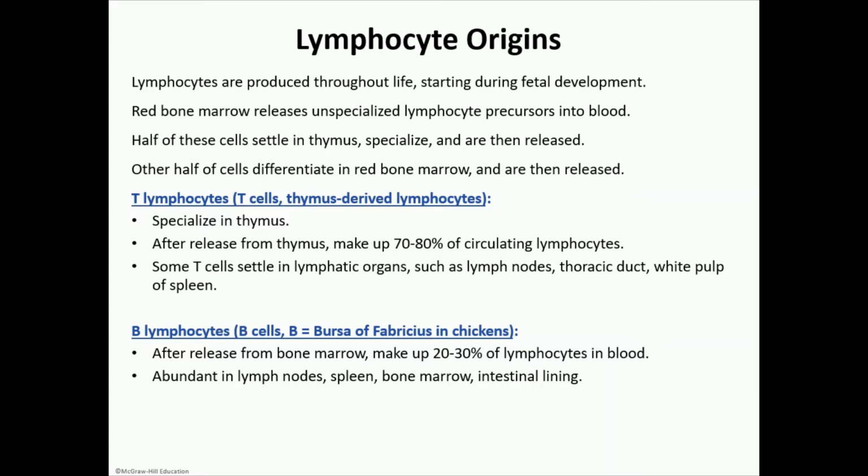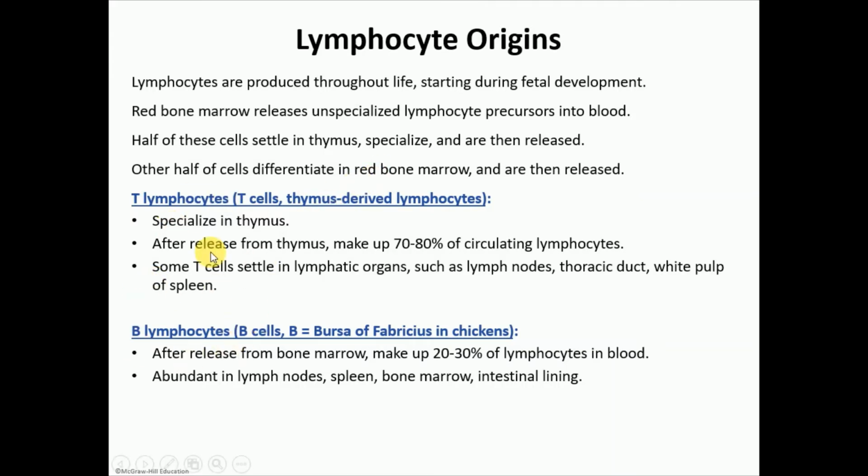It's not until some of them settle in the thymus gland, and those, again, under the effect of thymosin hormone, are going to differentiate into T lymphocytes, while others will differentiate in the bone marrow and reach the spleen and lymph nodes. Those are going to differentiate into your B lymphocytes.